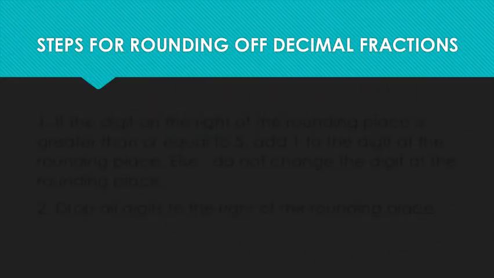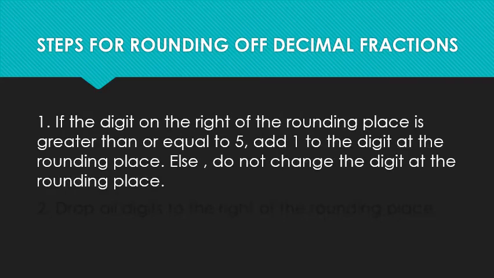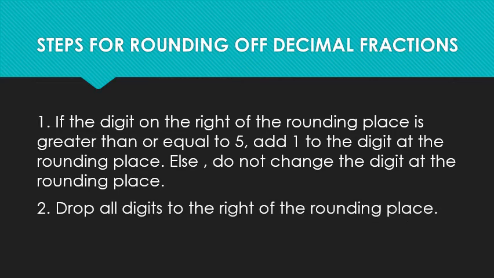The steps for rounding off decimal fractions are: first, if the digit on the right of the rounding place is greater than or equal to 5, we add 1 to the digit at the rounding place. Otherwise, that is, if it is less than 5, we do not change the digit at the rounding place. Second step, we drop all the digits to the right of the rounding place. Drop means we remove all the digits to the right of the rounding place.